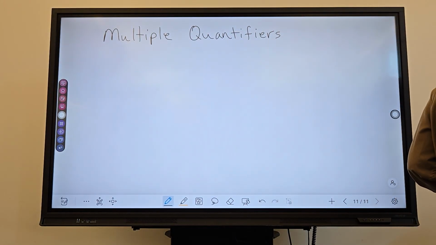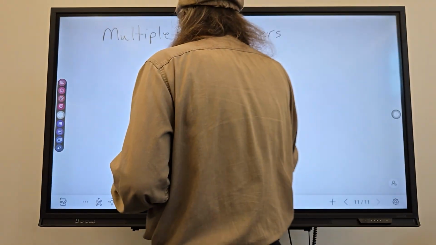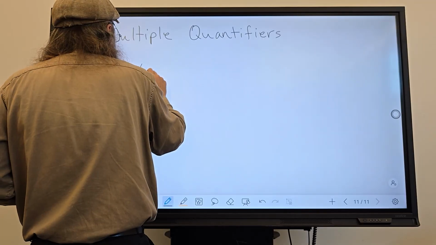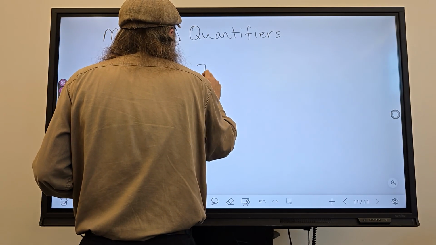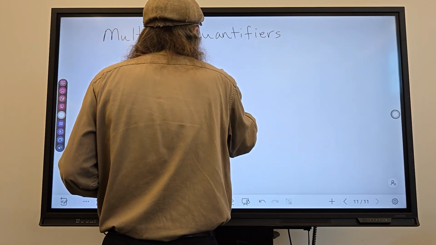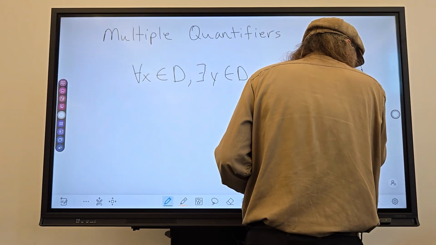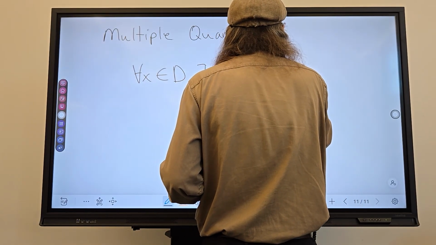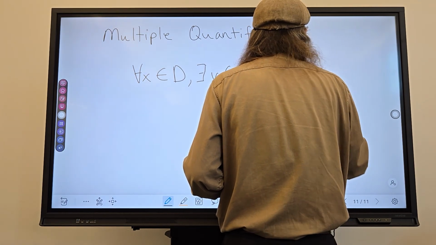Actions suggested by the quantifiers are performed in the order in which the quantifiers occur. So, for example, for all X in D, there exists a Y in D such that P of X and Y is true.